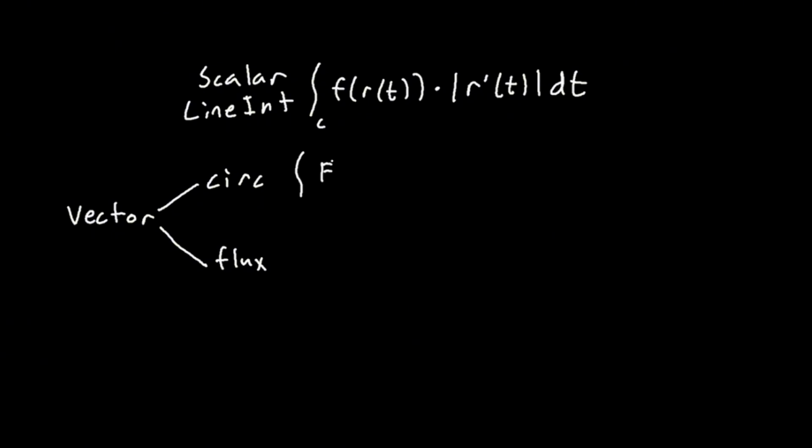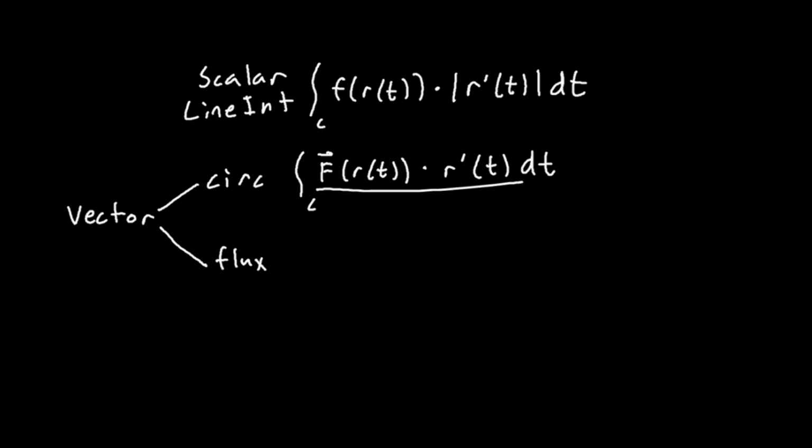So circulation is calculated like so. You have a vector field, and this vector field is again parameterized, and you dot product the parameterized vector field with the derivative of your parameterization.